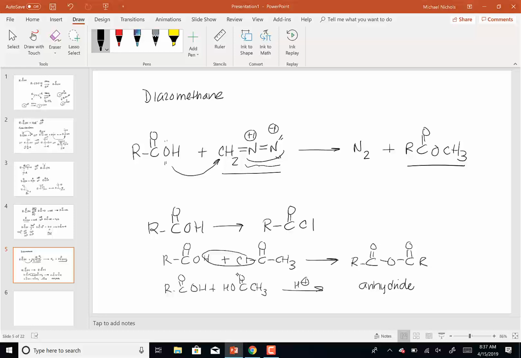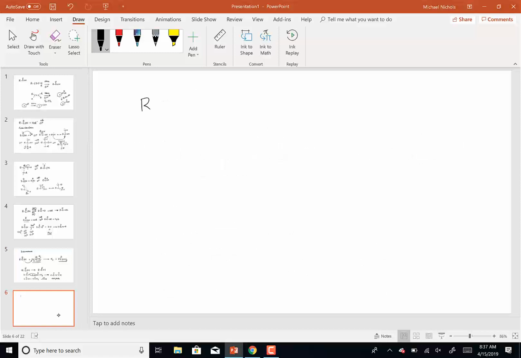And so the acid chloride, if I do the acid chloride mechanism, what's going to happen? Now, we've reacted acid chlorides before. So let's say I take my carboxylic acid, the OH is going to attack the carbonyl.